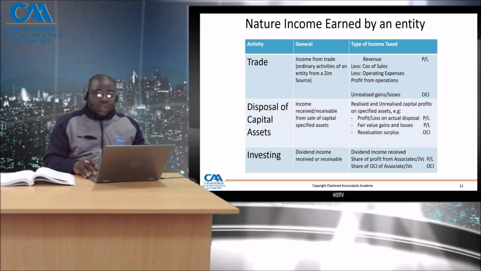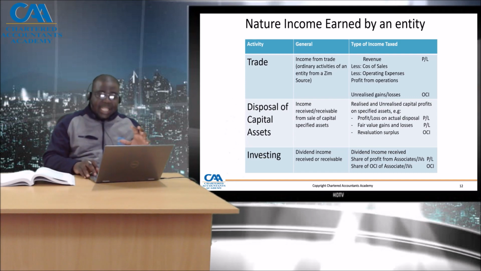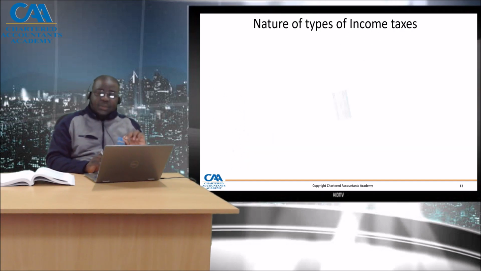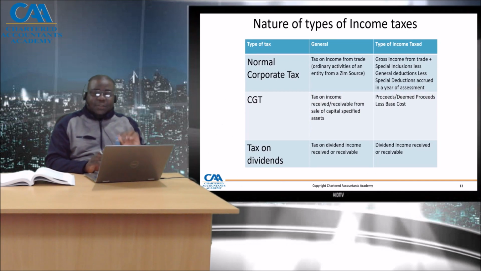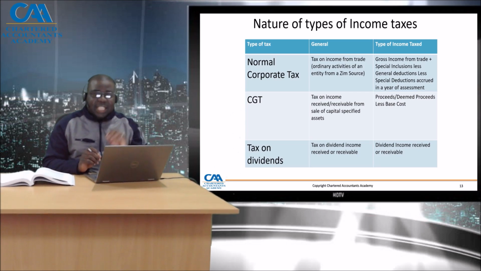Now, we want to connect the nature of the income made by an entity to the nature of the tax. That's our main goal. So, let's look at the nature of the tax. There's normal corporate tax, which is tax on income from trade or ordinary activities of an entity from a ZIM source, mostly calculated at a global level as gross income from trade plus any special inclusions, less general deductions, less special deductions accrued in a year of assessment.